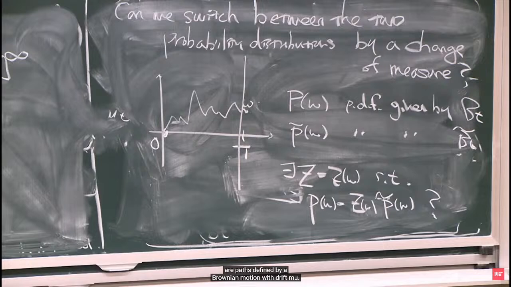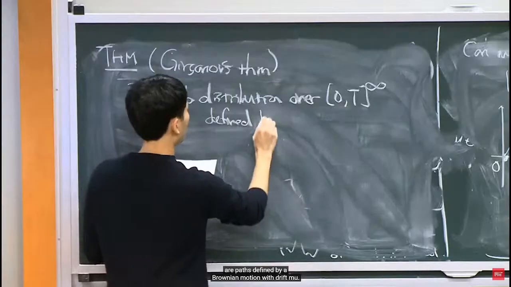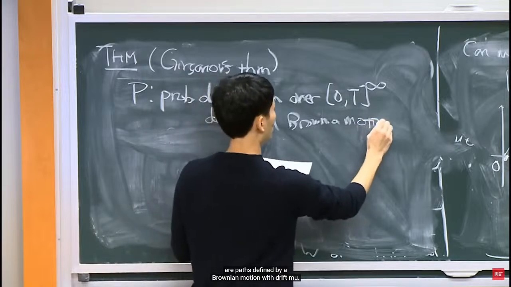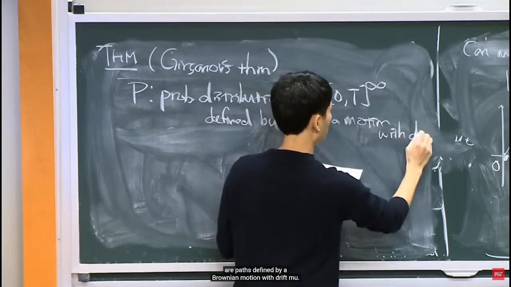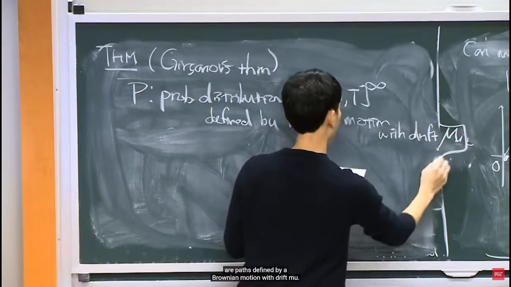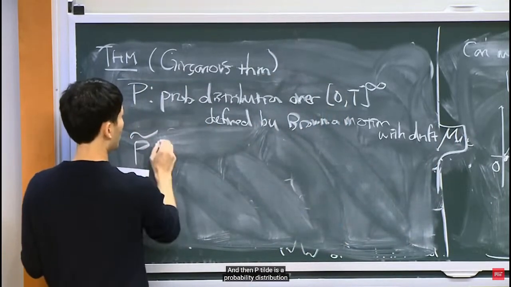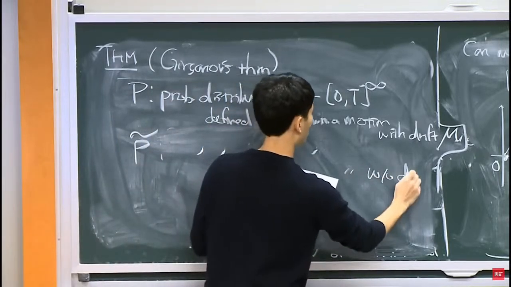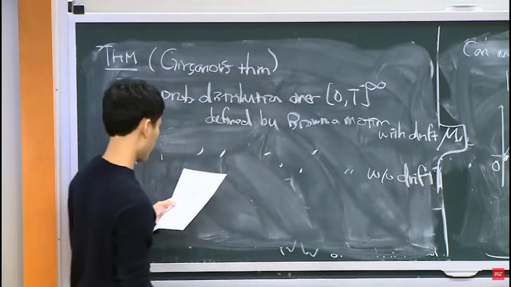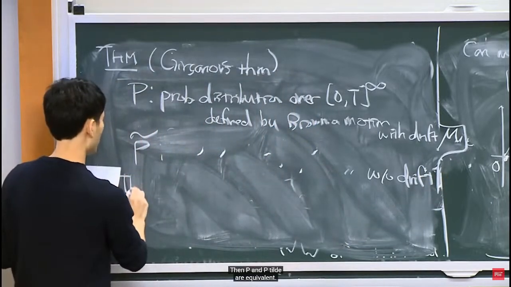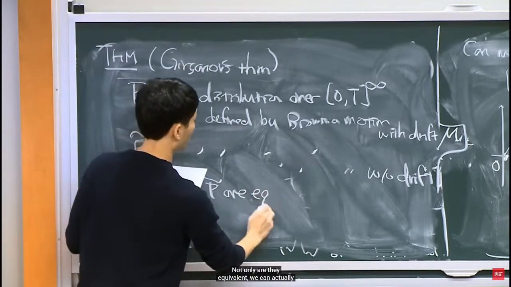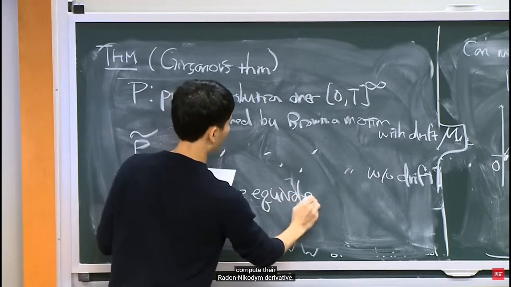So these are paths defined by a Brownian motion with drift mu. And then P tilde is a probability distribution defined by Brownian motion without drift. Then P and P tilde are equivalent. Not only are they equivalent, we can actually compute their Radon-Nikodym derivative.